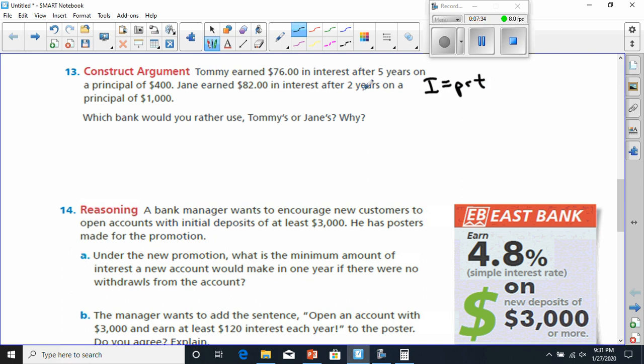and I put everything in, I'm going to have that, let's see, Tommy earns $76 in interest after 5 years. Well, 5 years tells me the time. On a principal of $400, so that tells me the amount was $400.